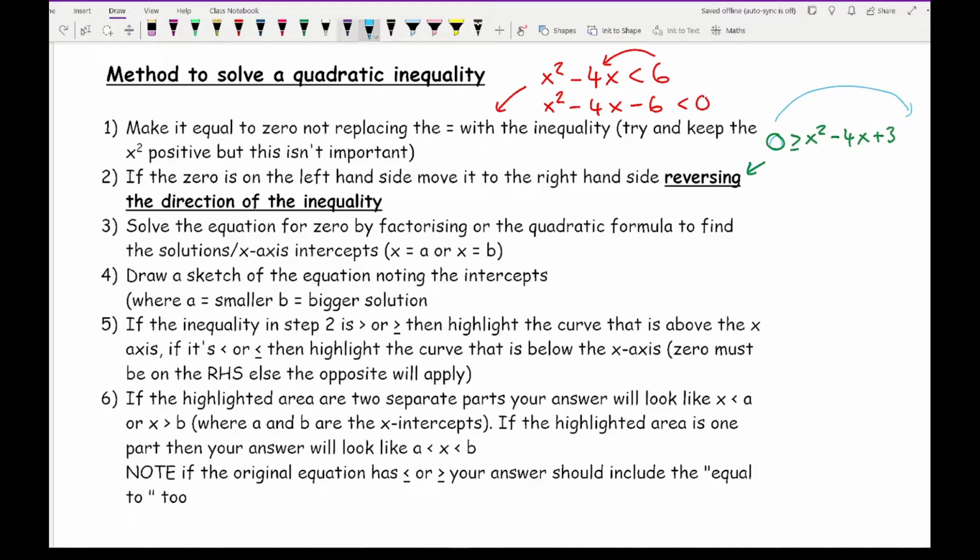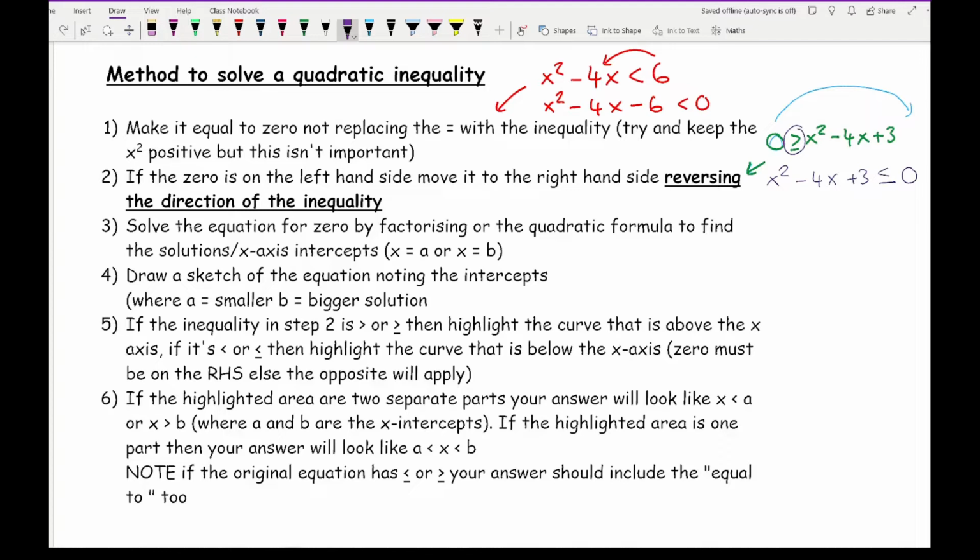The main components of the quadratic equation stay the same. My 0 now is on the right hand side, but because I flipped the 0, I need to flip the direction of the inequality. So that now is going to be pointing to the left to represent less than or equal to. So that's basically what step 2 means.